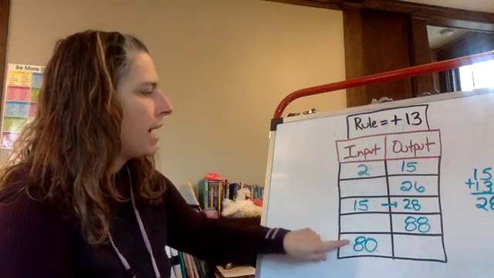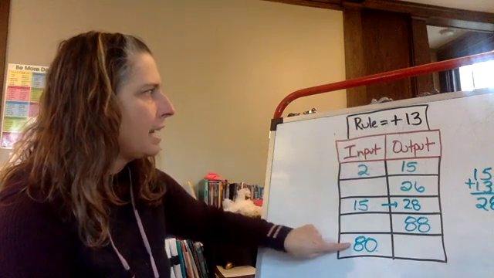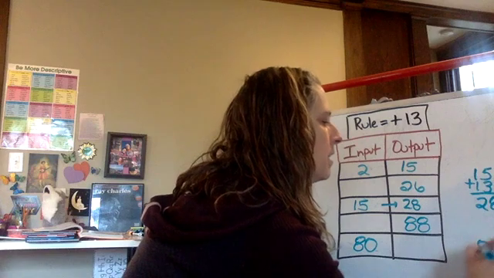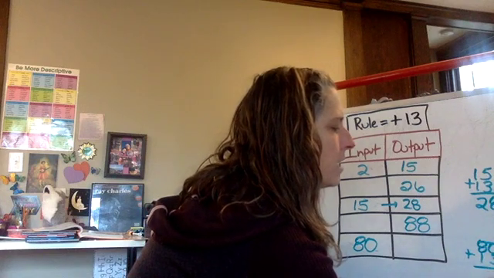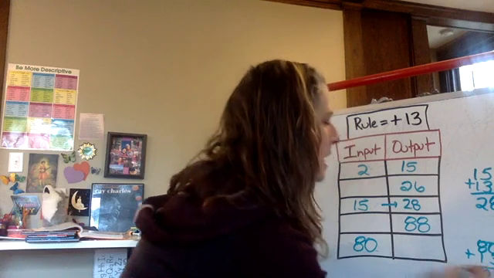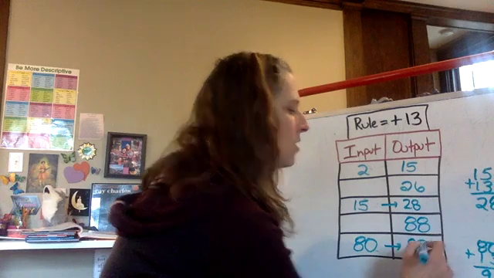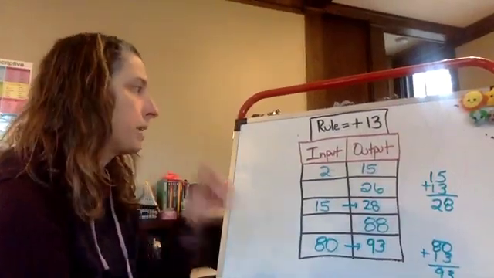Right here, I have an input and no output, so I can follow this rule again. I have 80, and my rule is add 13, so 80 plus 13 gives me 0 plus 3 is 3, 8 plus 1 is 9. So my output is going to be 93 because I just applied that rule.